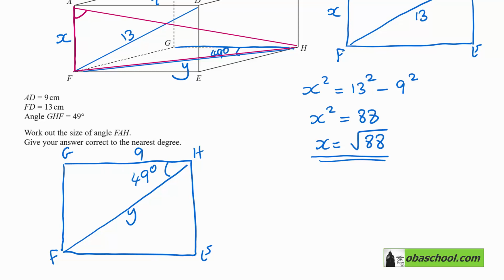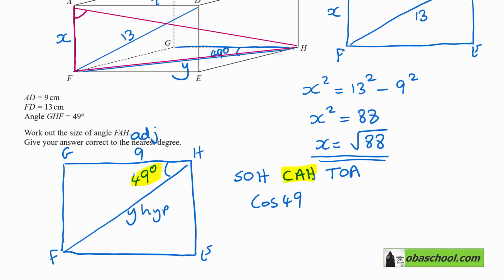So if we're thinking about this angle here, the 9 is the adjacent and the Y is the hypotenuse. So CAH TOA. That means adjacent and hypotenuse we're using cosine.